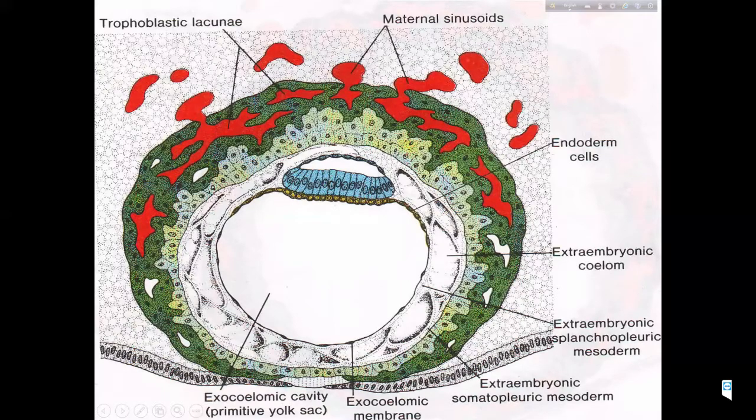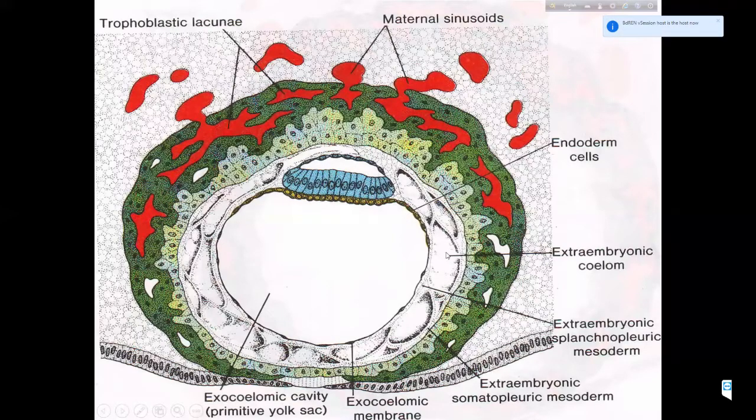Now, I was talking about the extraembryonic mesoderm. What is that? These loose cells, the white color here, fill the space between the cytotrophoblast externally and the exocoelomic cavity and the epiblast and hypoblast, and we call it the extraembryonic mesoderm. Ultimately, vacuoles appear here.